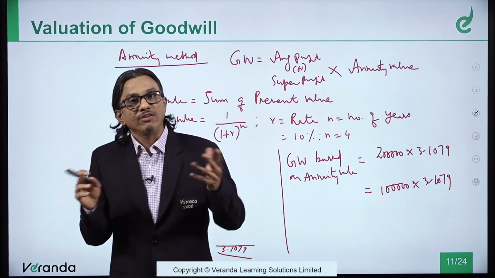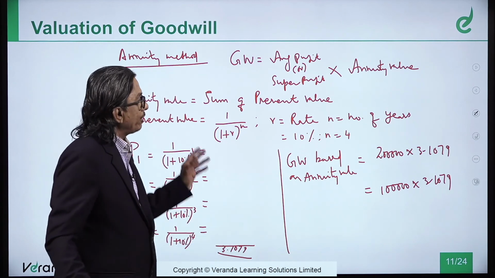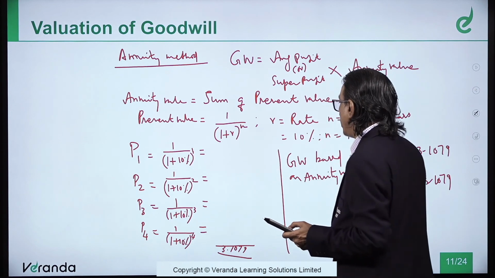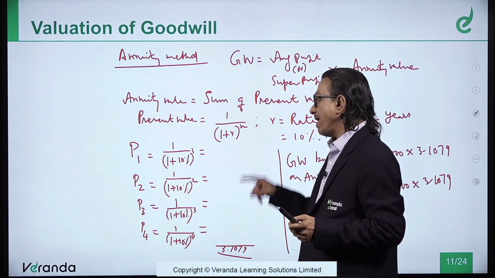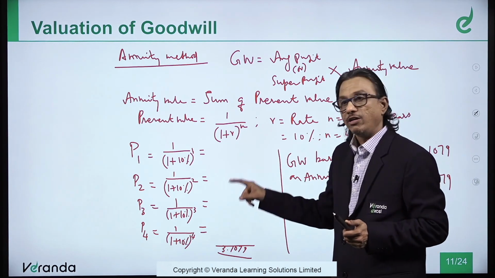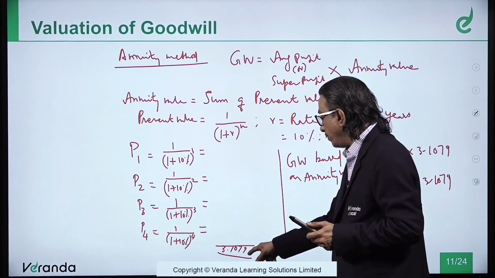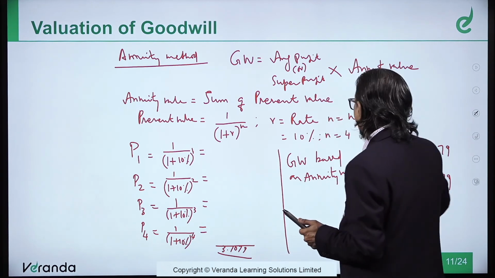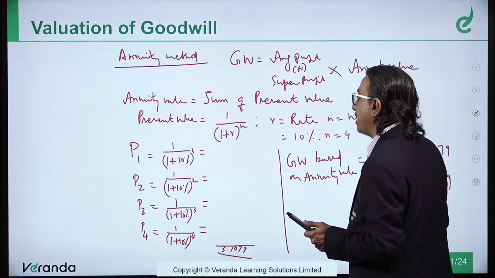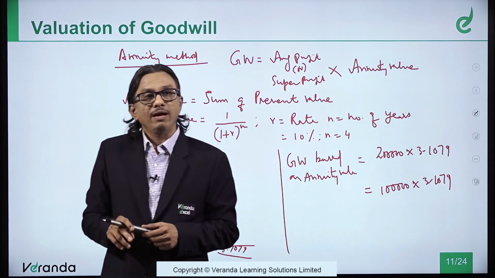If annuity value is given, you apply that. If it is not given, you have to calculate annuity value like this. What is the rate? What is the number of years? Apply that. Find the present value of 1 rupee at the end of first year, second year, third year, fourth year. Add all that. You will get the annuity value. This number should be multiplied by the average profit or super profit to get the value of goodwill. That is how we determine value of goodwill by annuity method.